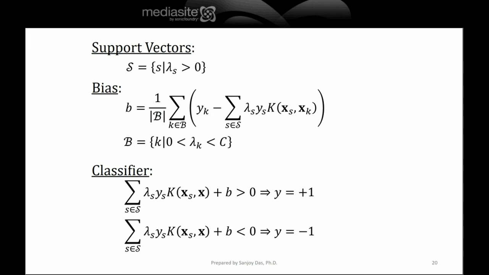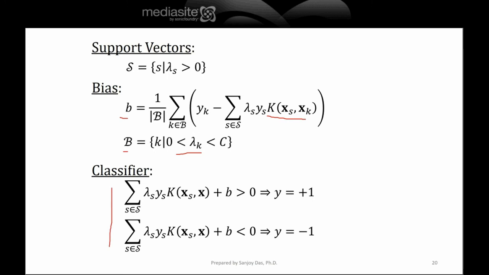So this is the support vector formulation. The bias needs to be known, and again for the bias we only need information about the kernel, and we need to store the set of support vectors, and this is our final classifier.